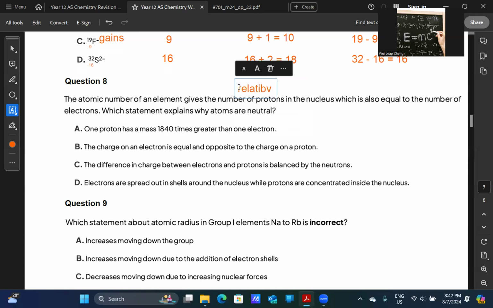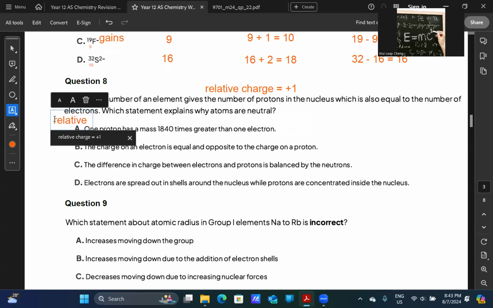Its relative charge is positive 1. Am I right? To one proton. To one electron, its relative charge is negative 1.